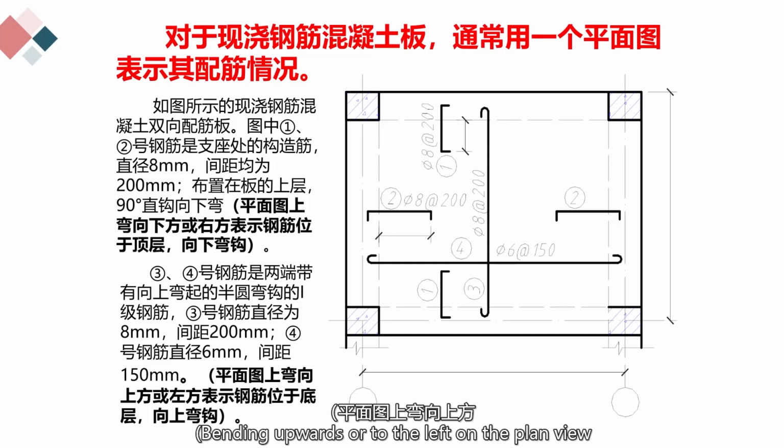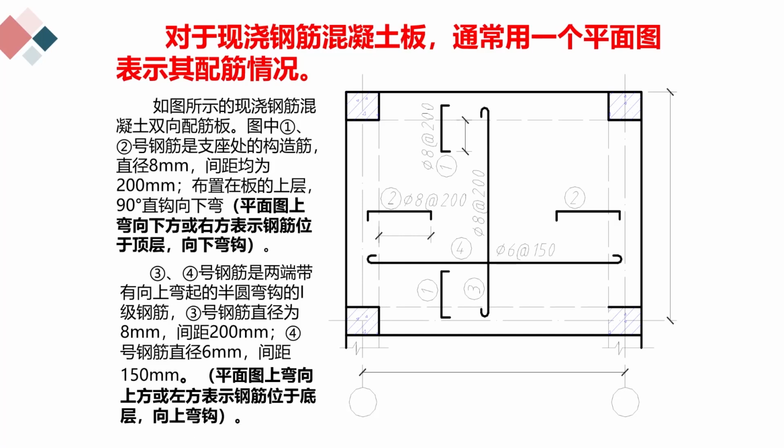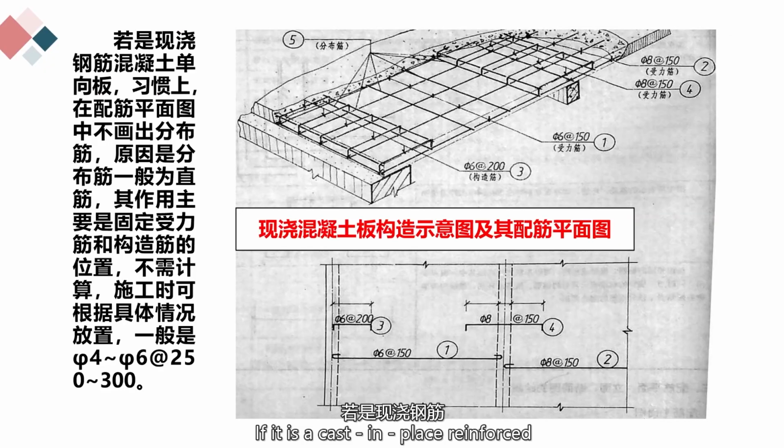Bending upwards or to the left on the plan view indicates that the steel bar is located at the bottom layer, with upward hooks. If it is a cast-in-place reinforced concrete one-way slab, traditionally, the distribution reinforcement is not drawn in the reinforcement plan view.